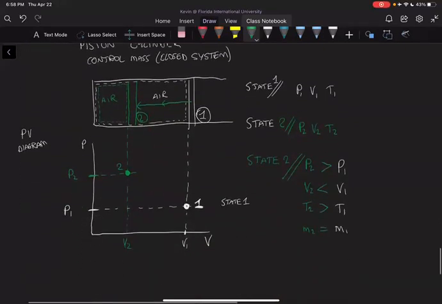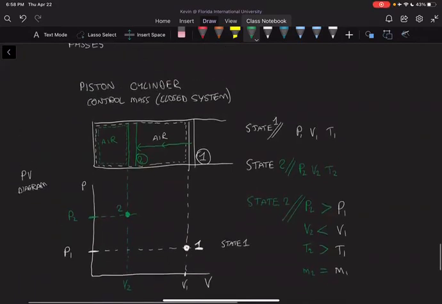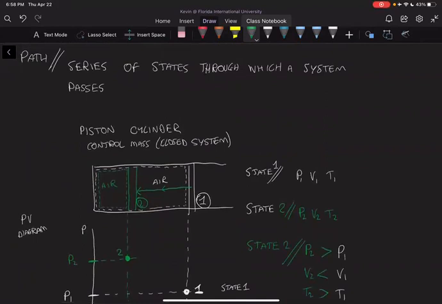And by compressing the air, it reduced the volume and increased the pressure.